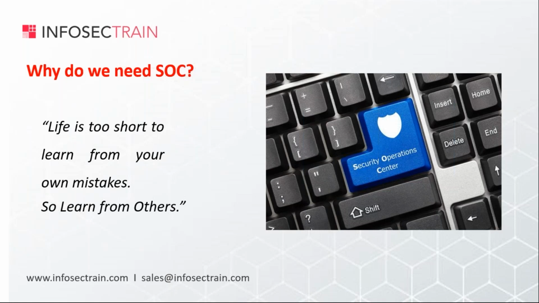If a SOC is not properly configured or set up, there are lots of risks available in the market. One of the very common risks I will mention here is ransomware.